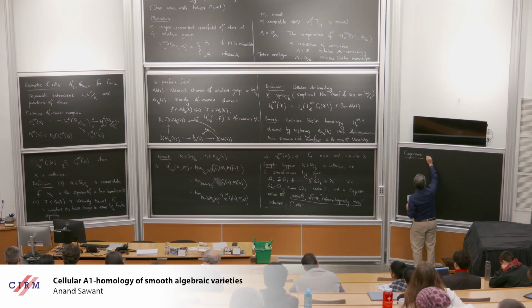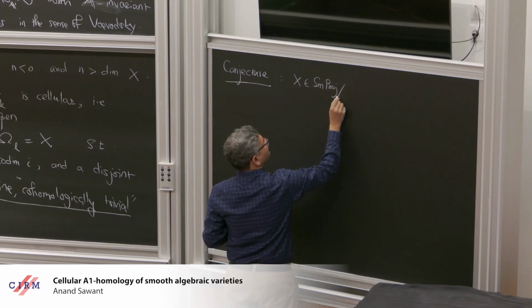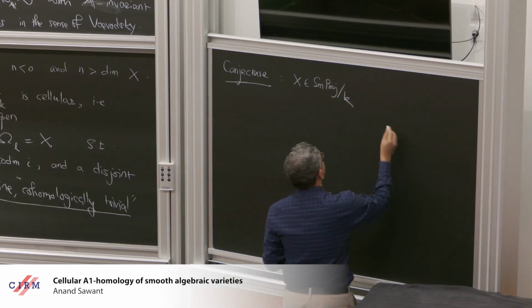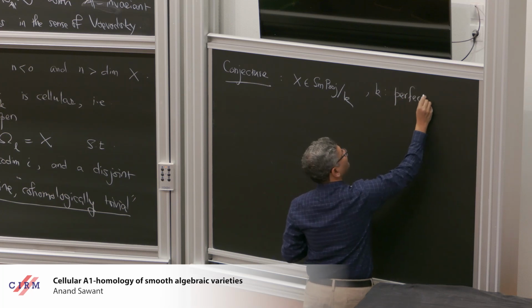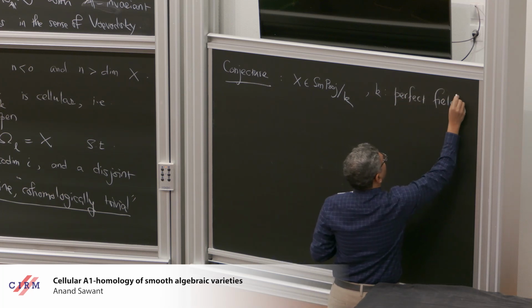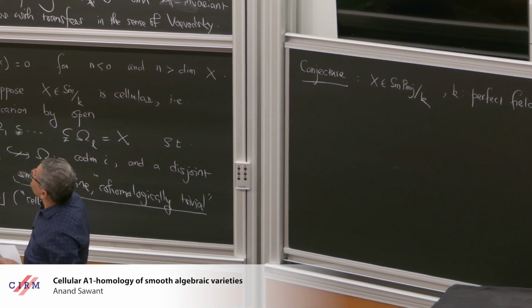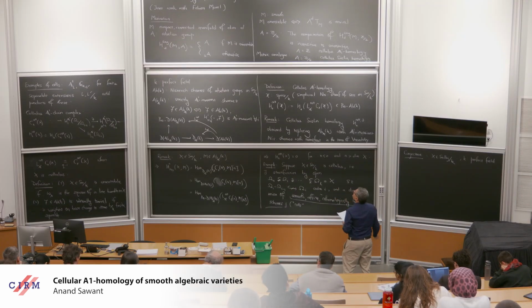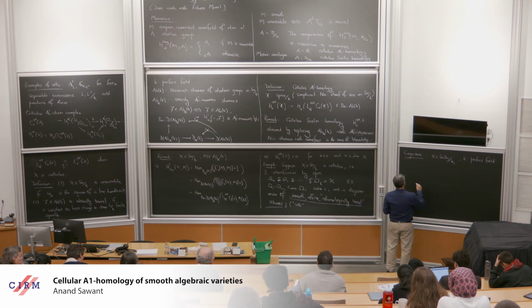Okay, so here's the conjecture. Let X be a smooth projective variety over a perfect field K. I have to assume projective because usual Poincaré duality is for compact manifolds, but I also need an analog for connectedness, and so you need to assume that X is A1-connected.